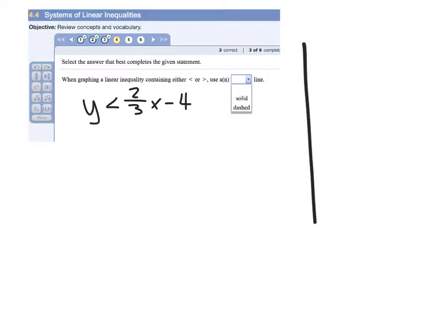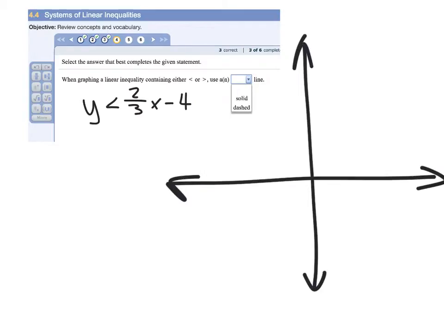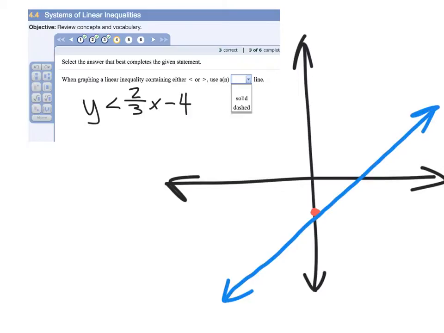You've got your graph, and let's make it reasonable. The graph says start at -4, so I'm just going to pretend that's -4. And then it says go up 2 over 3, up 2 over 3, up 2 over 3. So our graph is going to look something like this. Up 2 over 3, that's reasonable. All right, so that's our graph.